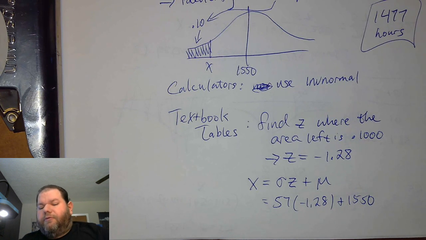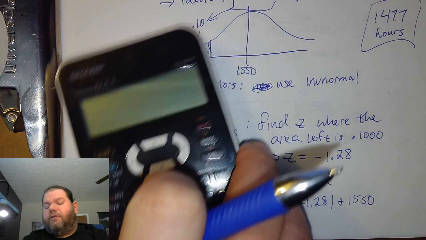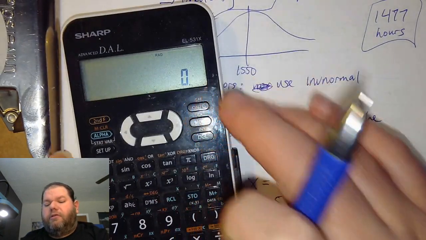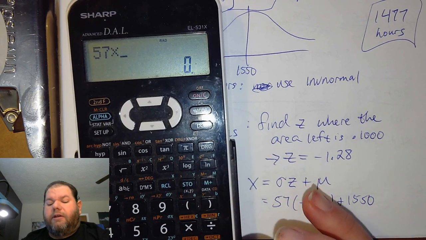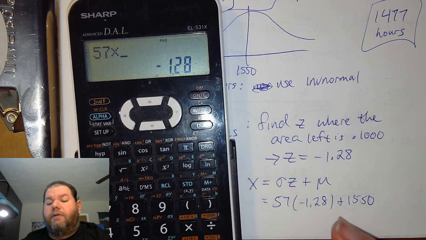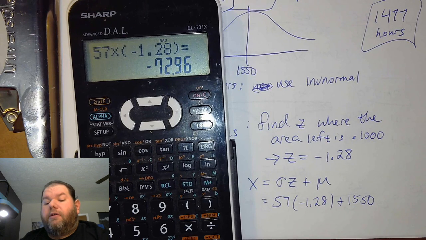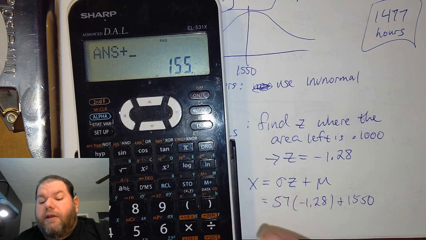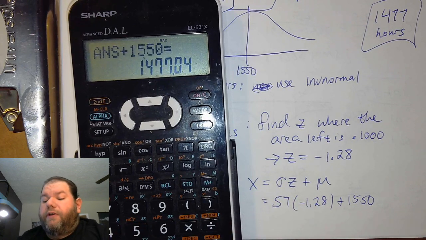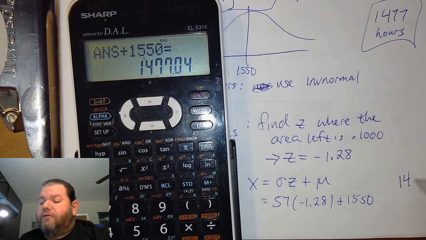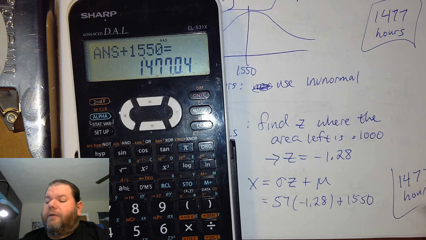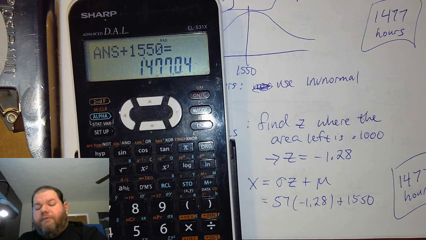Alright, so if we want to calculate that, we have 57 times negative 1.28, and we add 1550 to that, and it gives us 1477.04. So it's actually pretty close. It's just on the opposite side of 1477.